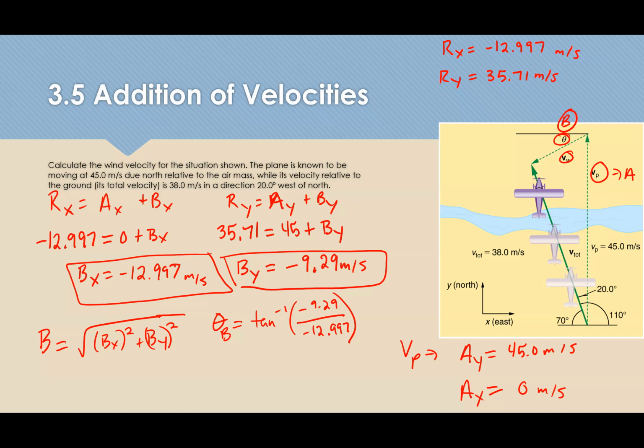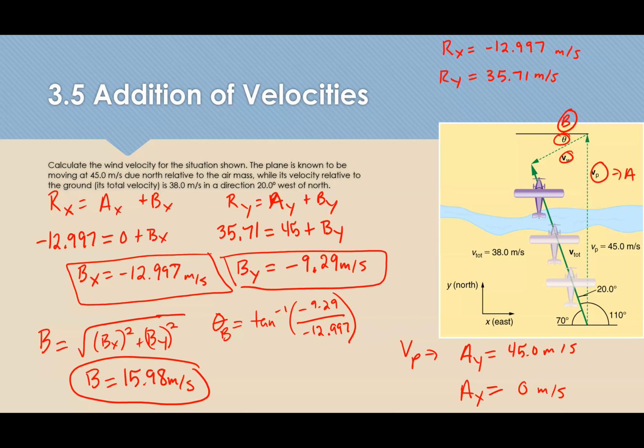Give me a second to do it in my calculator. Okay. I got B to be 15.98 meters per second. So the wind is blowing at a 15.98 meters per second speed.